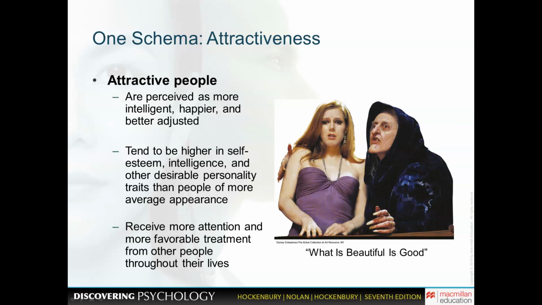Also, they tend to be higher in self-esteem, intelligence, and other desirable personality traits than people of more average appearance. And last but not least, attractive people tend to receive a little more attention and more favorable treatment from other people throughout their lives, such as favorable treatment from their parents, from their teachers, from peers and employers.